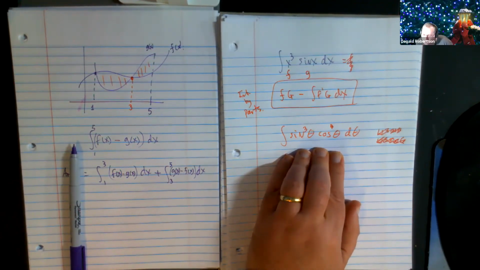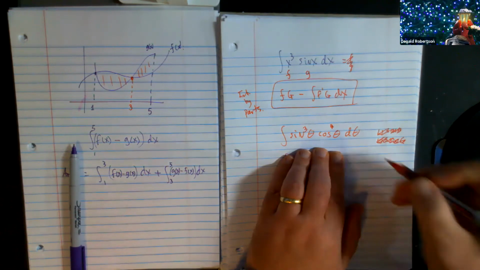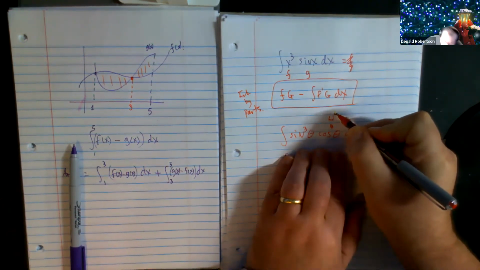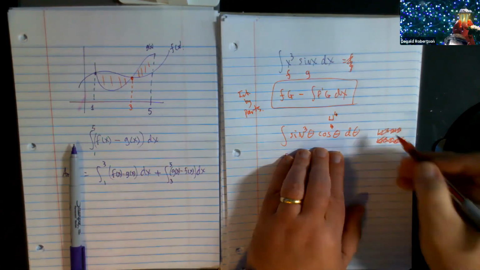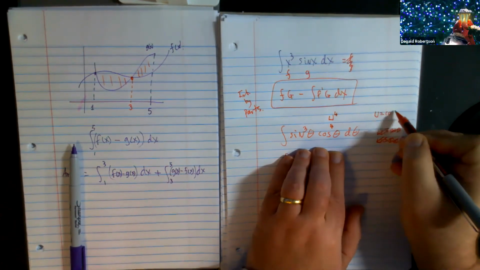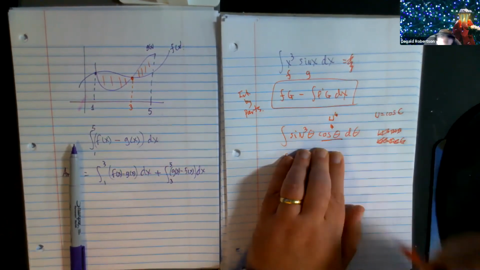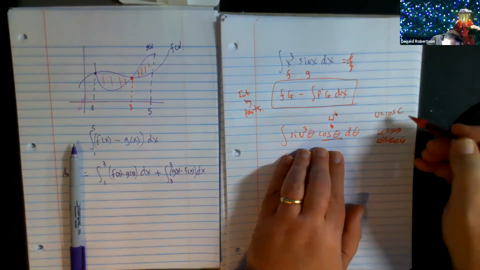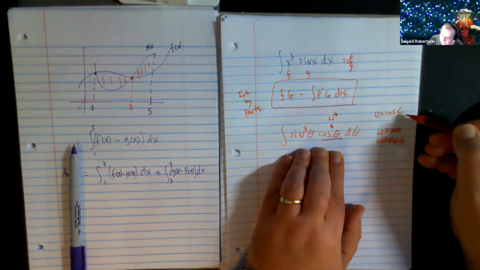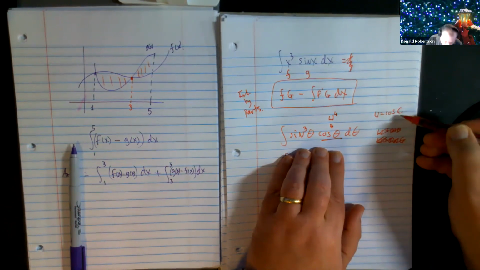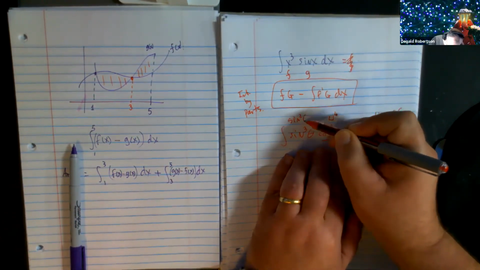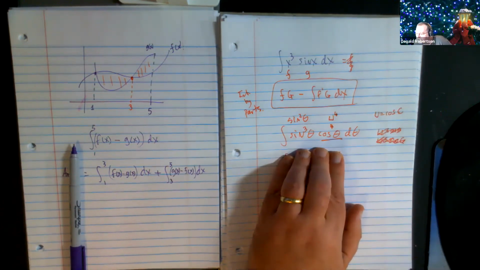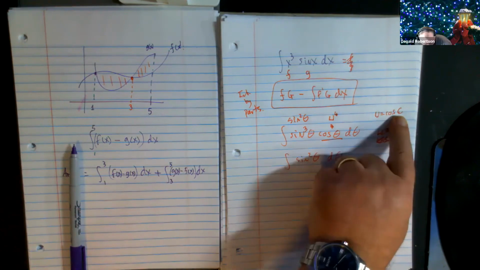Well, think it through. If you pick cosine, won't that turn into u to the 4? If you pick a u sub of cosine theta, that bit will turn into u to the 4. Won't this generate a sine theta? Won't that kill off one of them, and won't you be left with sine squared theta? Now, what can you do about sine squared theta in terms of cosine?